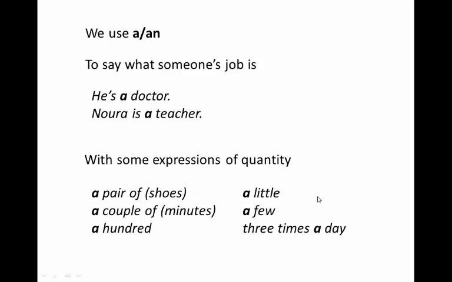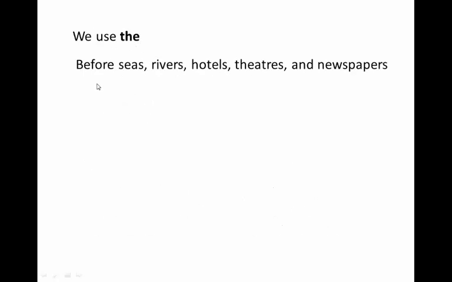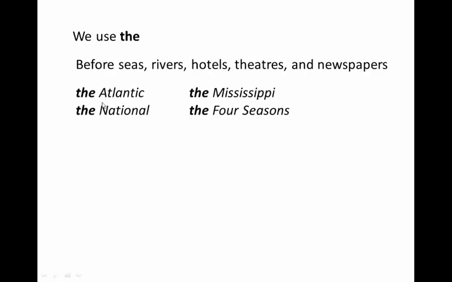We use the before seas, rivers, hotels, theatres and newspapers, like the Atlantic Ocean, the Mississippi River, the National, the newspaper, and the Four Seasons, the hotel. We use the if there is only one.